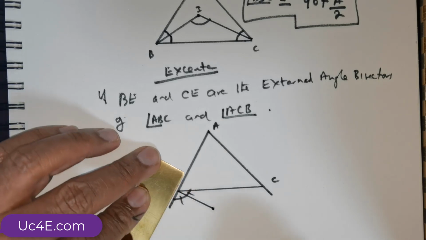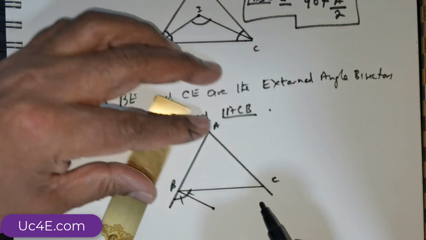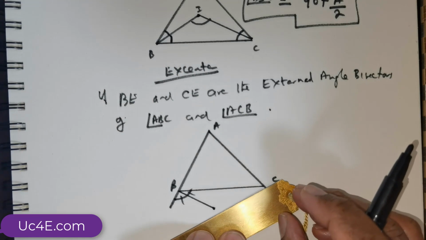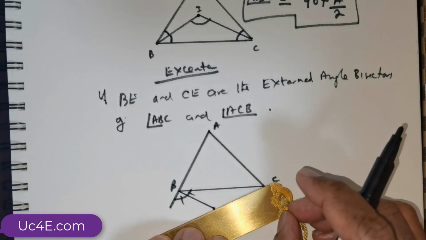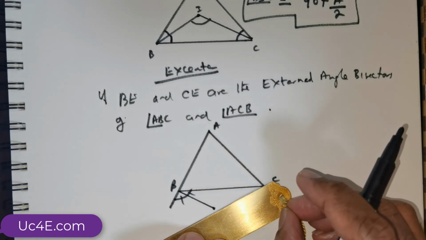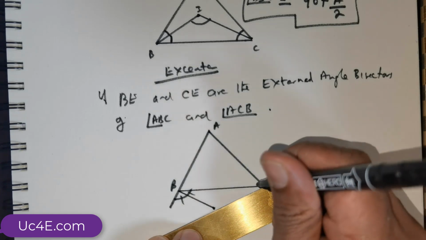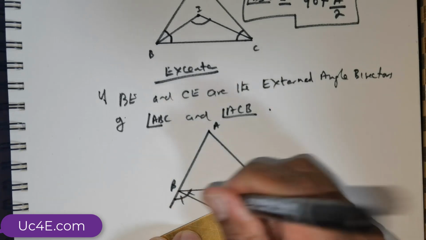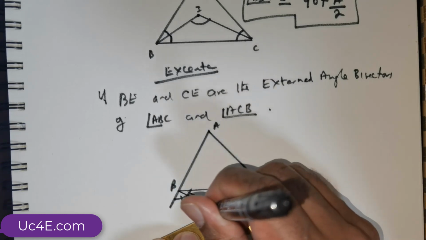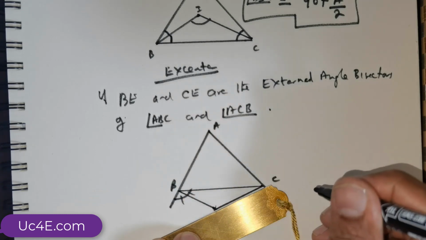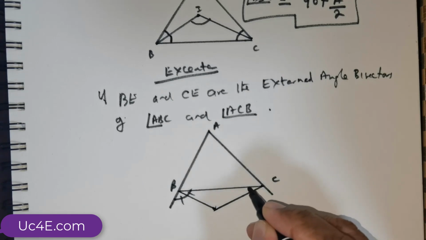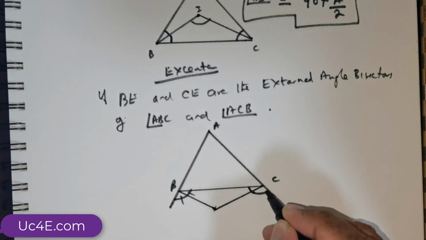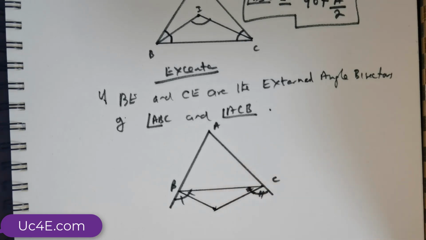Now similarly, there is, if only I could have a little bit, okay, never mind, let me adjust and complete the figure. So there is a division that is happening here, and this angle and this angle are going to be equal.